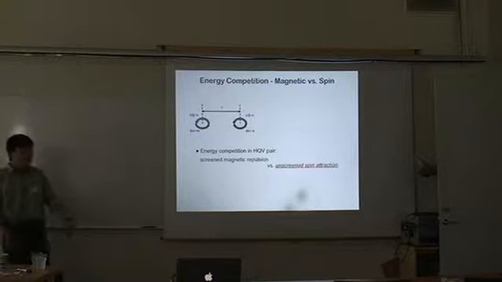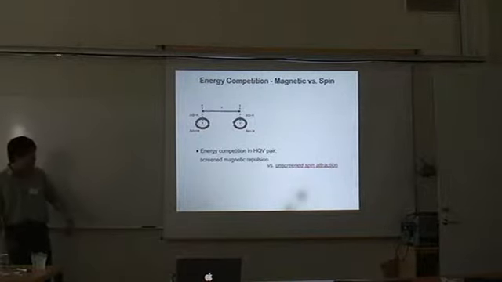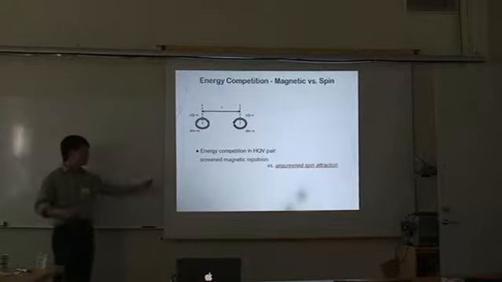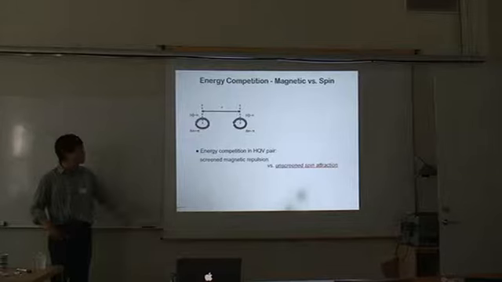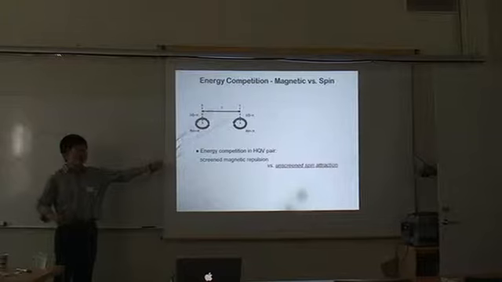And in this case, at least you can speak of energy competition. As far as the charge sector is concerned, there will be magnetic repulsion. But still, the spin current sector would have caused attraction between these two half quantum vortices.